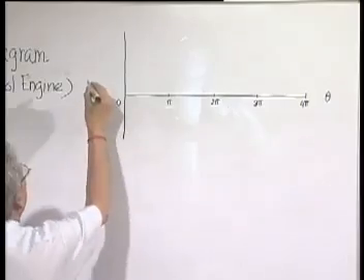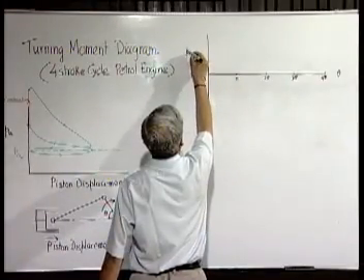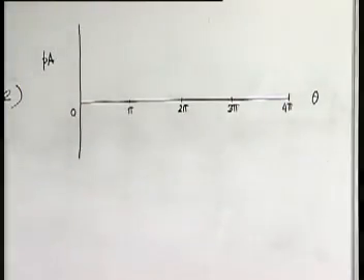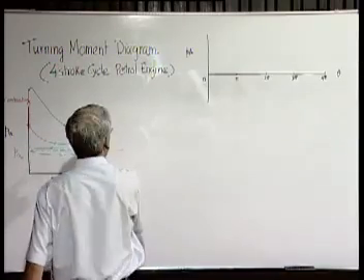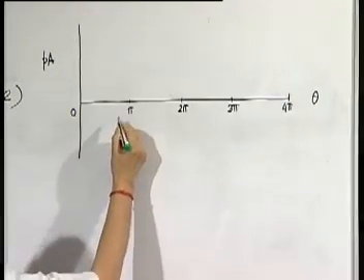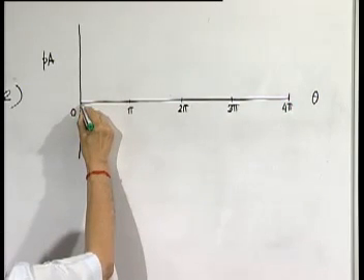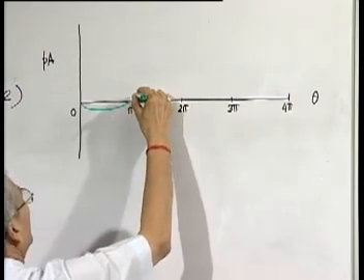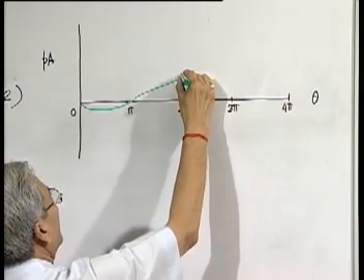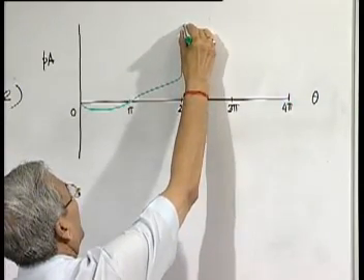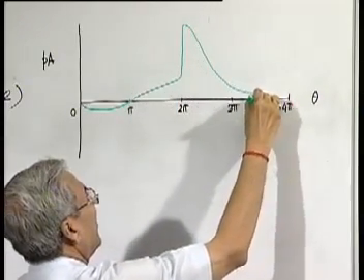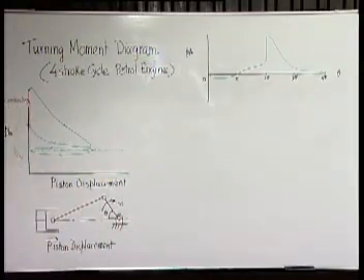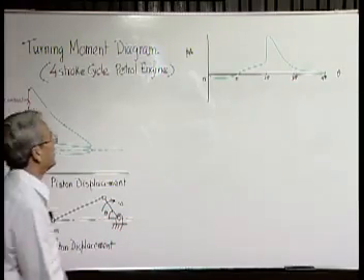So P or PA, whatever it may be, let us plot PA. We can see it will be nothing but this multiplied by the area, so the nature will be more or less the same. If we spread it out, it will look something like that, P into A.